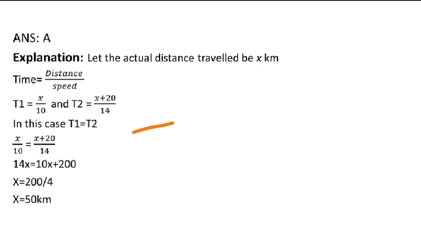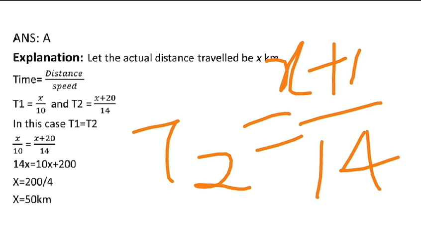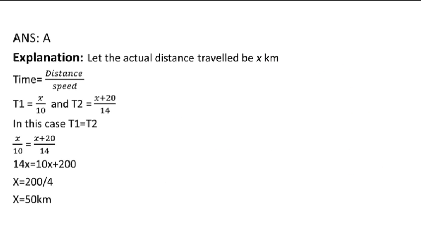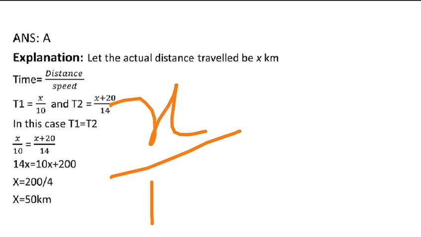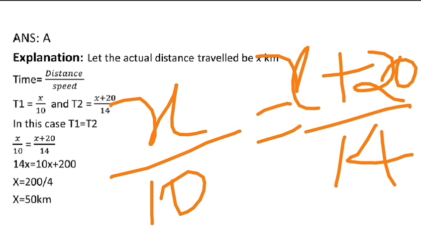Second equation is t2, that means when the speed is 14 km per hour, distance traveled would be x plus 20, right? Here T1 and T2 are same, they are equal. So we would equate these two equations. x by 10 is equal to x plus 20 divided by 14.